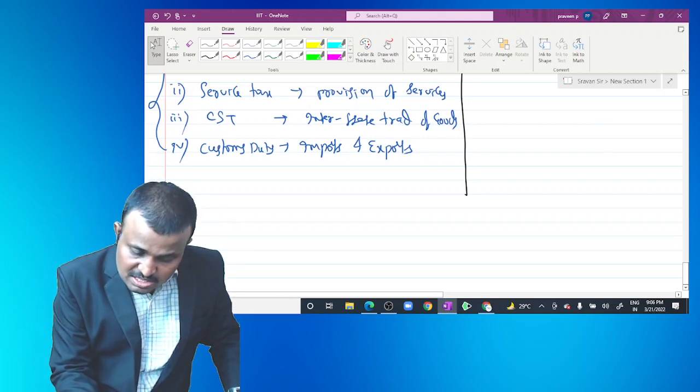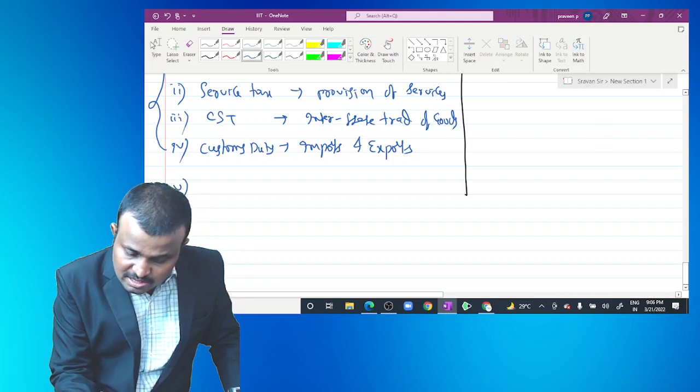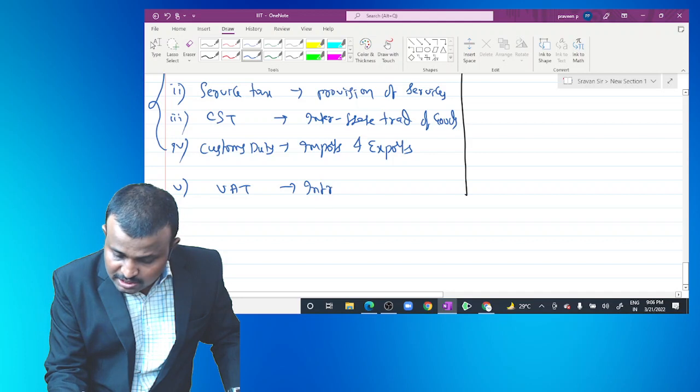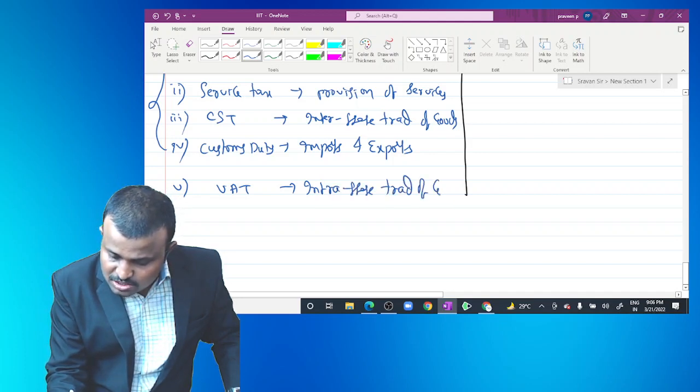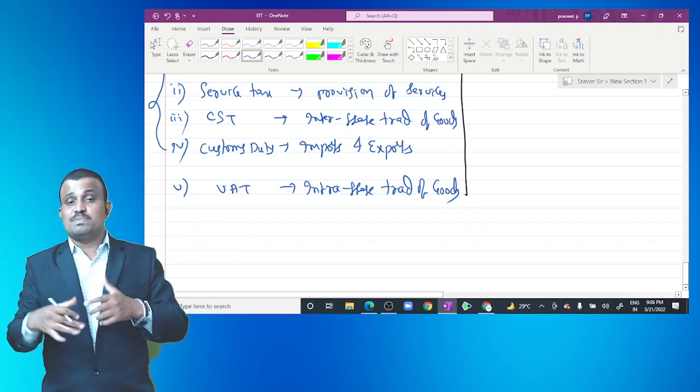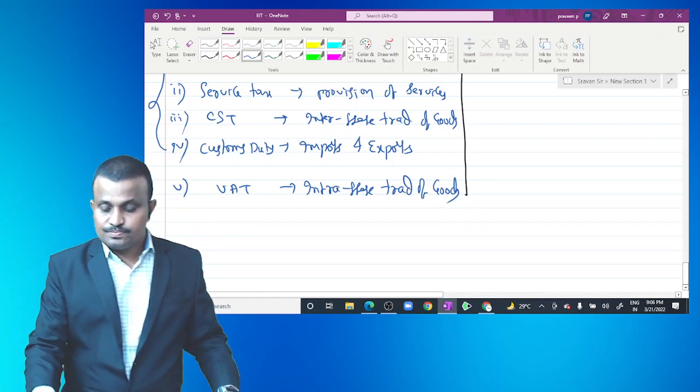Then coming to the state government levied taxes, the first one is VAT. It is levied on intrastate trading of the goods, nothing but the goods are traded from one place to another place within the state.